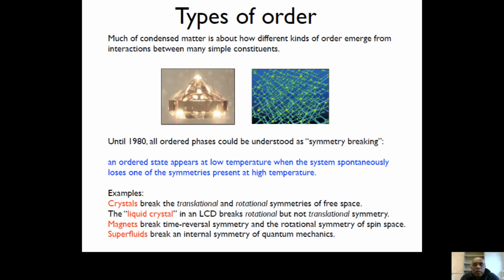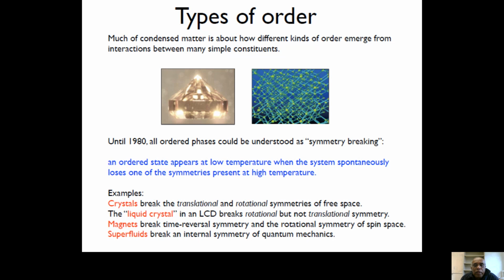When some material is cooled to very low temperatures, we see the emergence of an ordered state when there is a spontaneous loss of one of the symmetries usually present at higher temperatures. When you go to really low temperatures, one of these symmetries will be lost. That's more like a symmetry breaking situation, and that symmetry breaking will result in some new order.